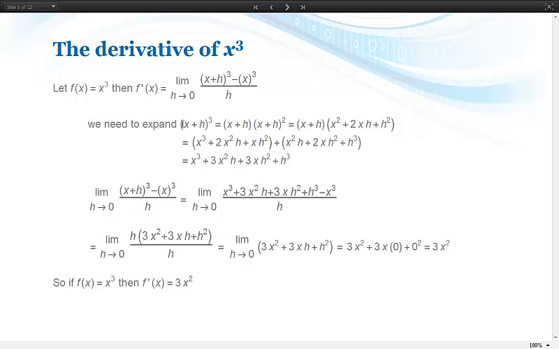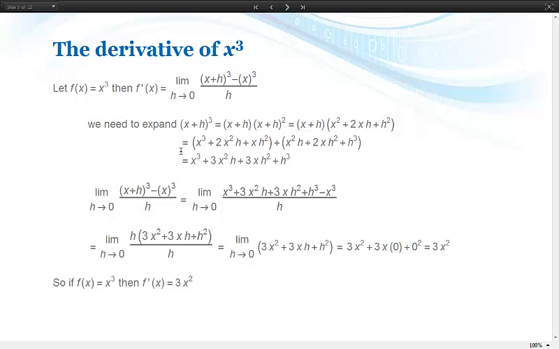Well, by definition, x plus h cubed is x plus h times x plus h squared. So we can do this part first, and we know how to do that. That's x squared plus 2xh plus h squared. And now we have to distribute. Notice I can't FOIL anymore when I have three terms. What I'll do is I'll multiply every term in the second expression by x, and then multiply through by h and add them all up.